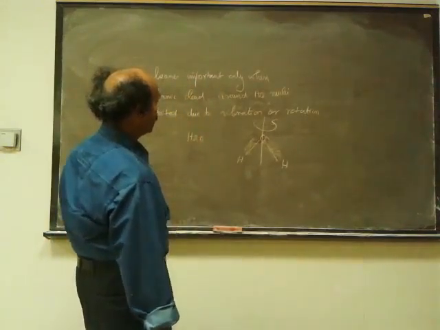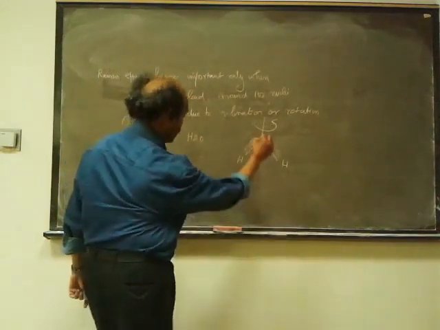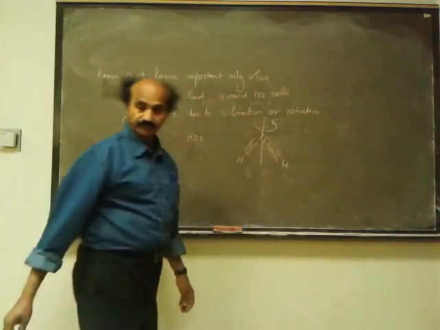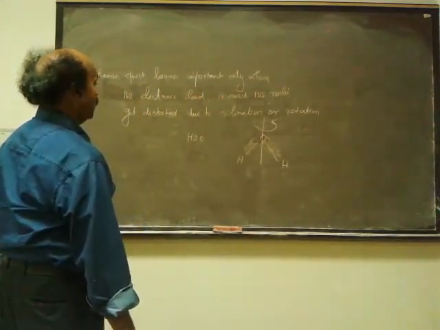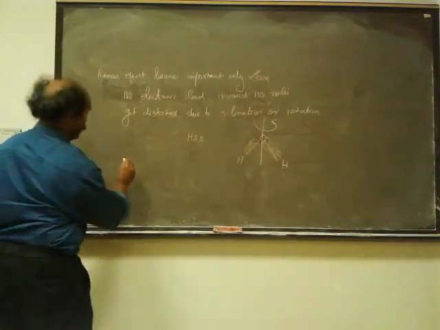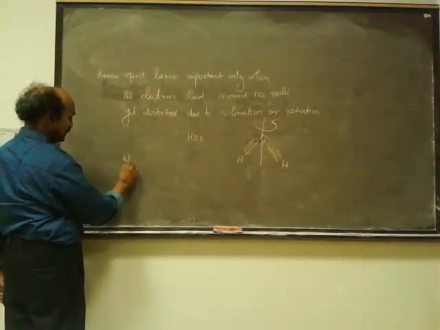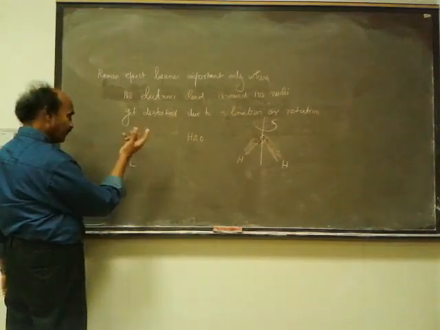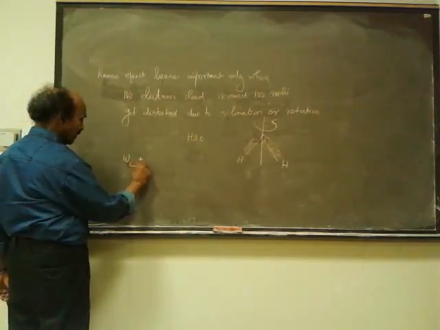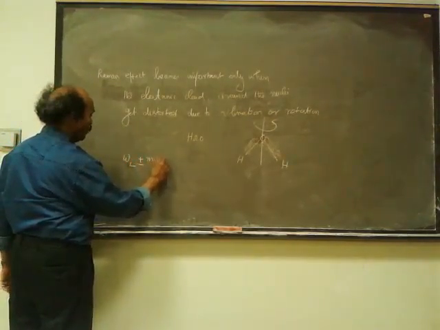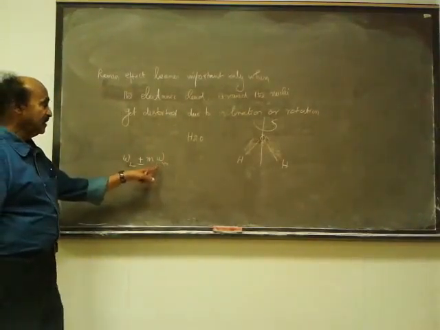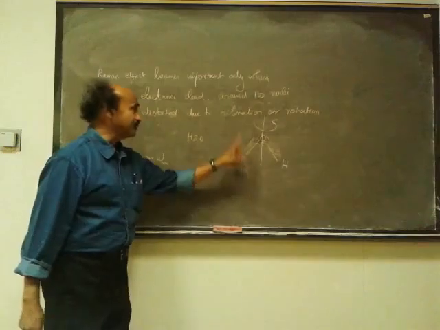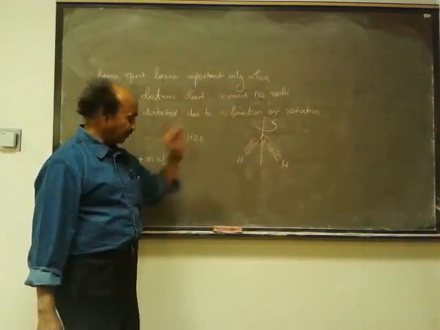Under this condition, the center of nuclei, under this condition, you have omega, where omega is the laser, or the omega from the light, plus or minus m omega of the molecule. This is the inherent frequency of rotation or vibration of the molecule.